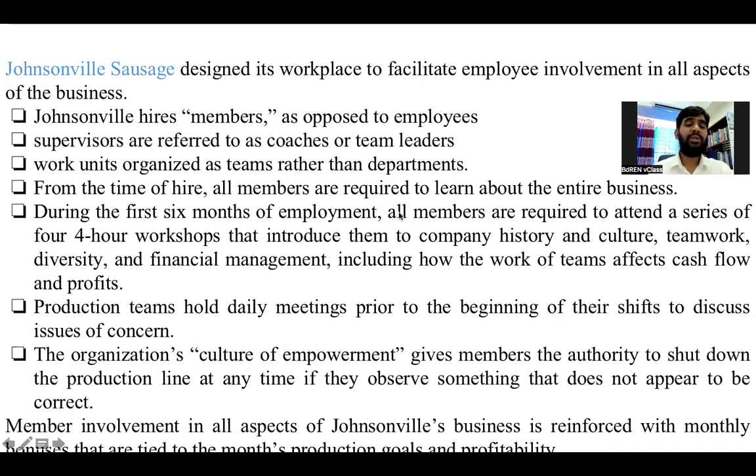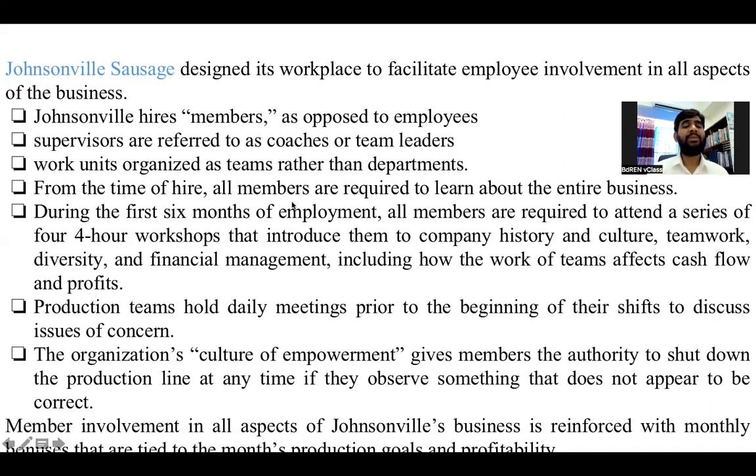In today's world, what do you usually do? If you are appointed for the production department, we send you to the production department. But the company has started a culture that you have to know about the total business.